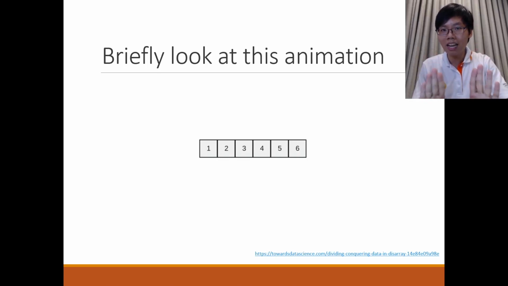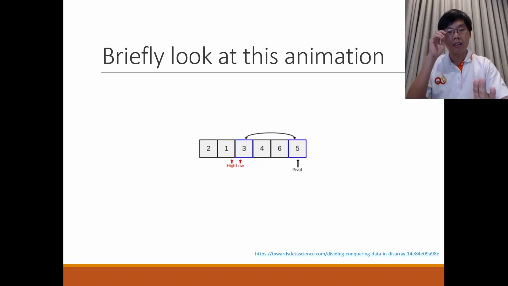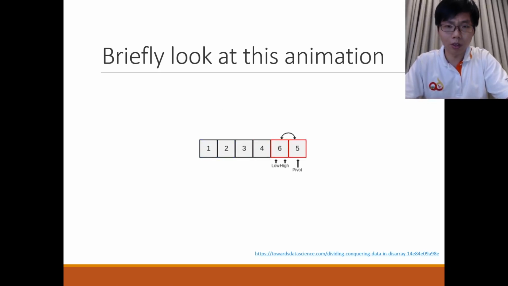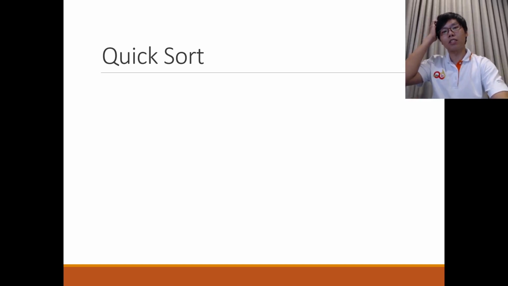You can pause it right now until you've thought about it, or you give up on thinking about it. Then when you're finished, we can come back and look at the explanation of quicksort.